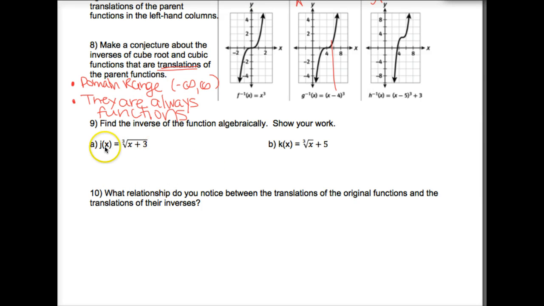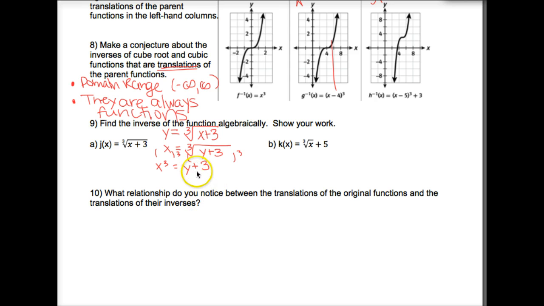On 9A, first thing we do is take out the j of x, put y in its place. Then we switch the x and the y. Then, because we want to get y alone, in this case that would require us to cube both sides of the equation. So on the left, that gives us x cubed. On the right, the cube root and the cube disappear, so we've got y plus 3.